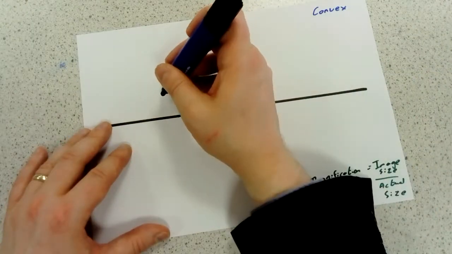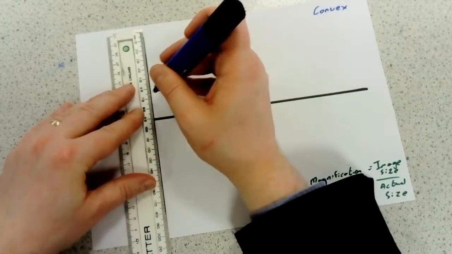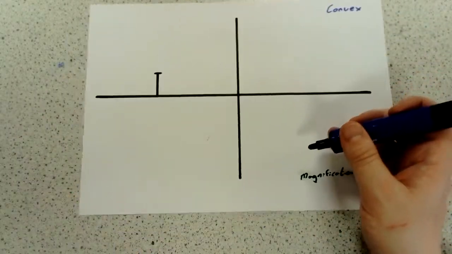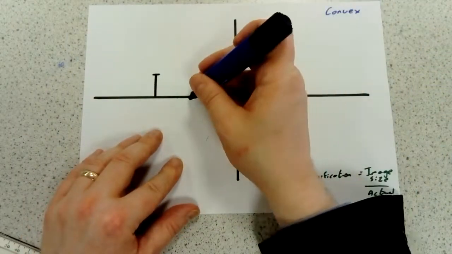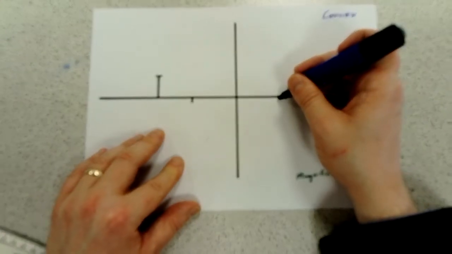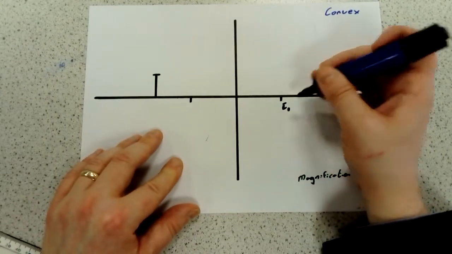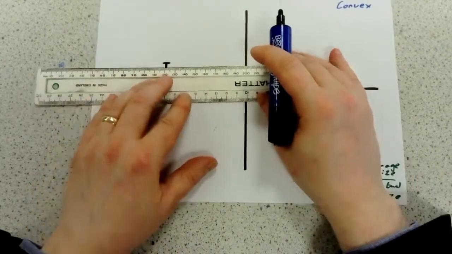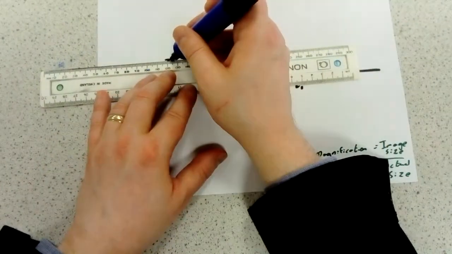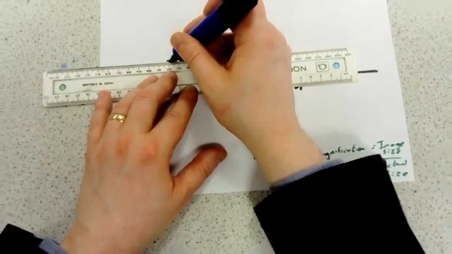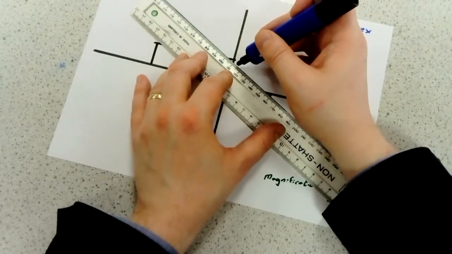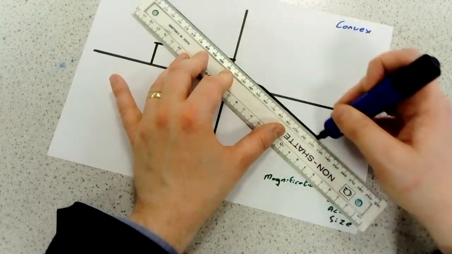We want to do a second example. We might have our image, actual object even, maybe at that point there. So we want to work out where the image is going to form. So same again. Straight line to the line of action, then down through that focal point.